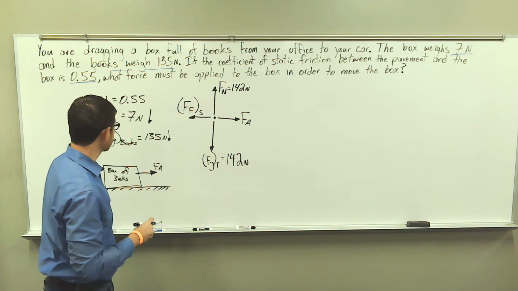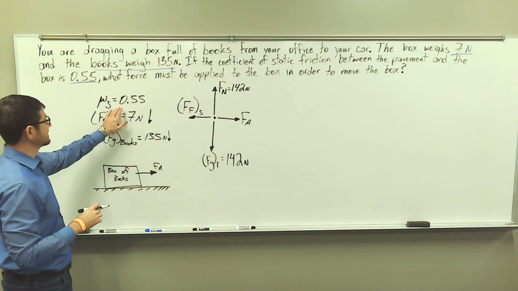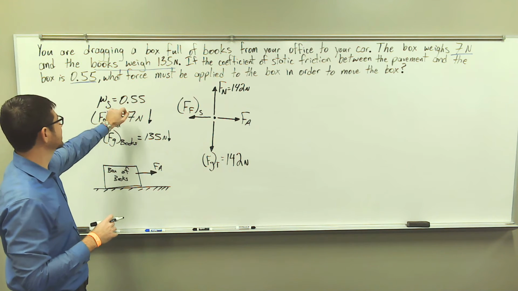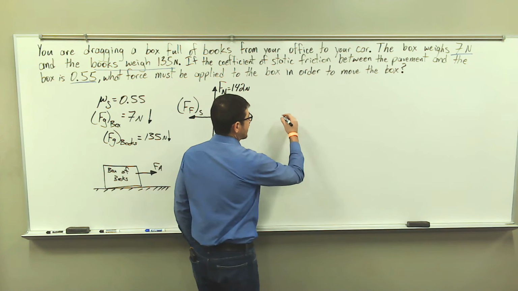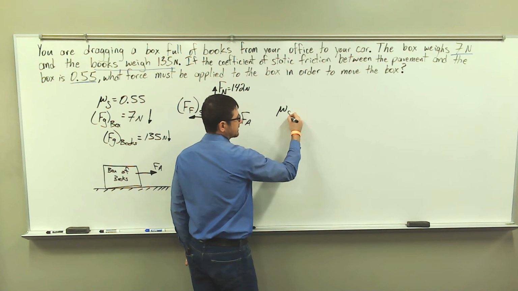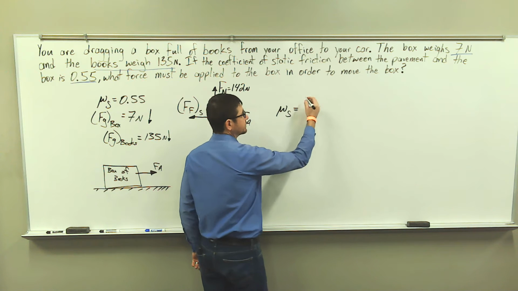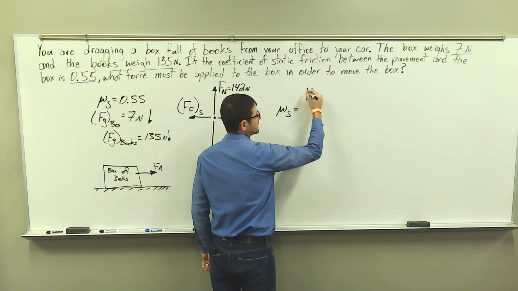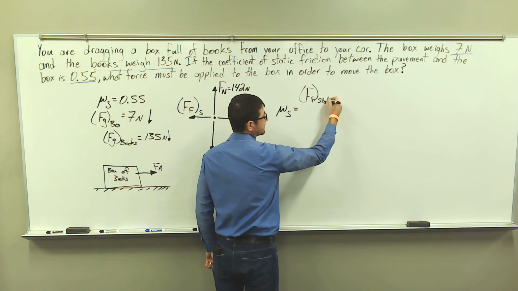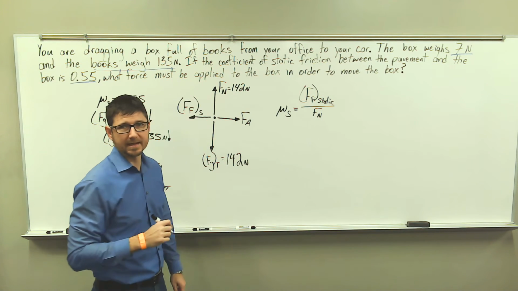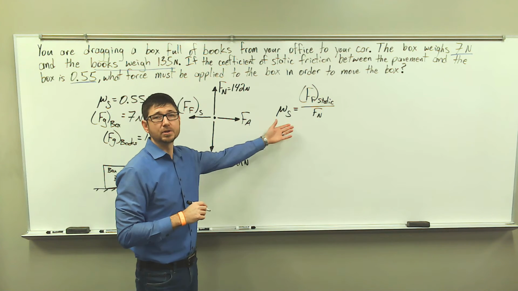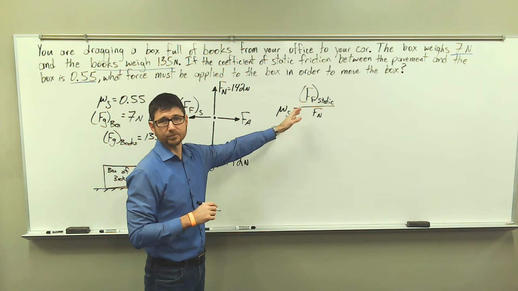Okay, so it tells us that the coefficient of static friction is 0.55. We know that the coefficient of static friction is equal to the static friction force divided by the normal force applied to the object. Now our unknown here is the static friction force.